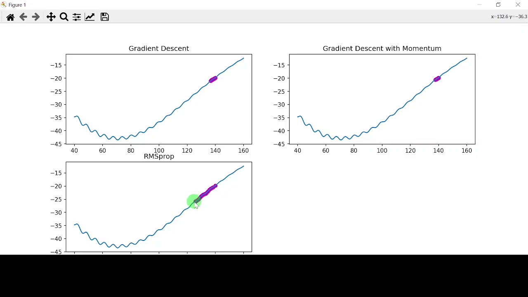Now it slows down here, which is hard to tell in this situation because it's quite zoomed out. But if you look closely, you can see that the gradient is very close to 0 at these bumps here, so that's why RMSprop will slow down, and momentum will slow down, and gradient descent will both slow down as well. So in this situation, you can see that RMSprop definitely won in terms of reaching a minimum fastest.